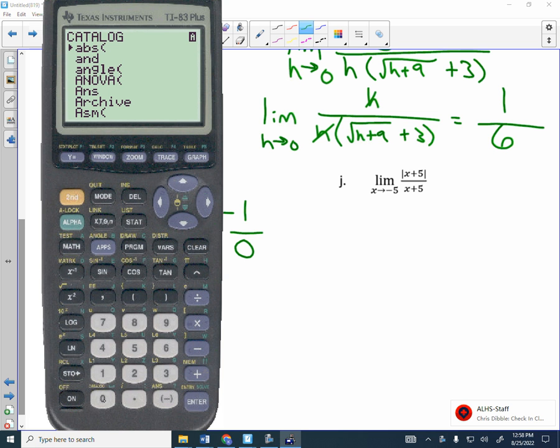ABS pops up right away. It's right on the 0. Yep, absolute value of x plus 5. And then I divide that by parentheses, the quantity x plus 5.